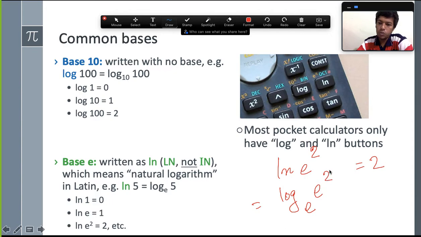One of the rules in logarithm is when you have e squared, the base is already given, then this power will come back here. That means it will become 2 log e base e. And log e base e equals 1, so basically it is 2 into 1. 2 into 1 equals 2.